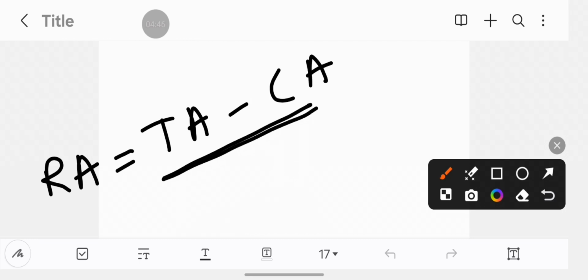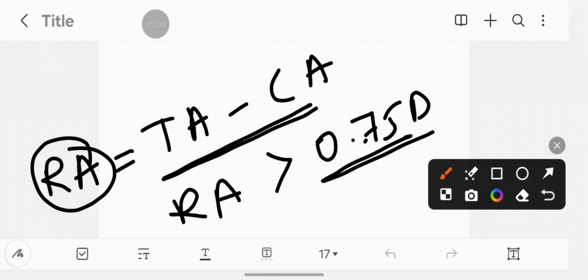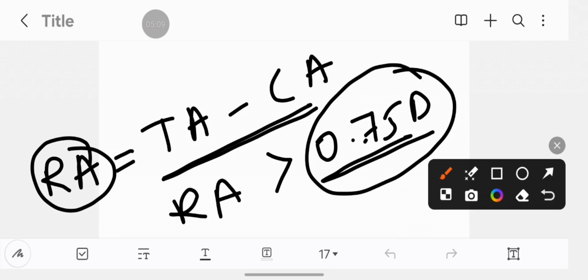If the residual astigmatism is more than 0.75 diopter, then you definitely need to go for a toric soft contact lens or toric RGP design. If the cylindrical number is less than 0.75, the patient will not be that symptomatic if you give the spherical equivalent.